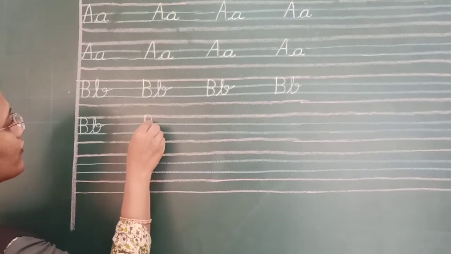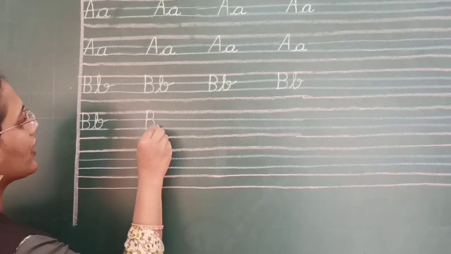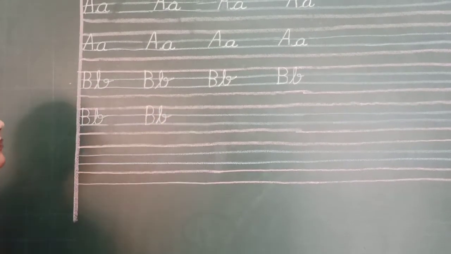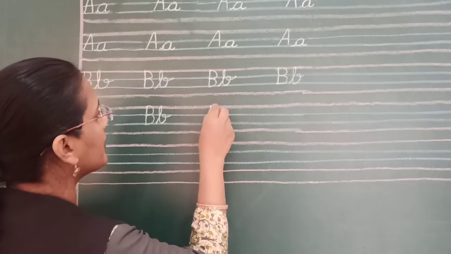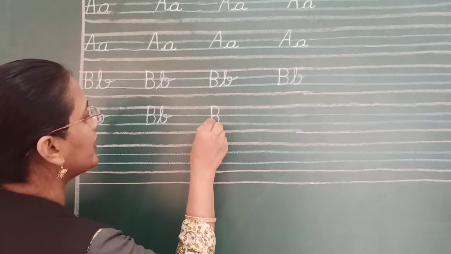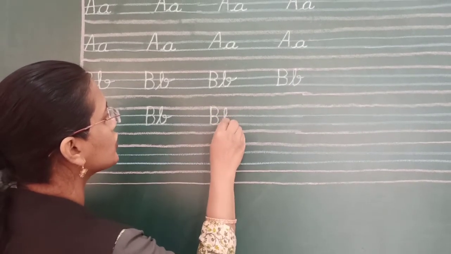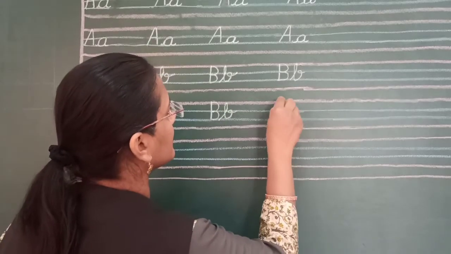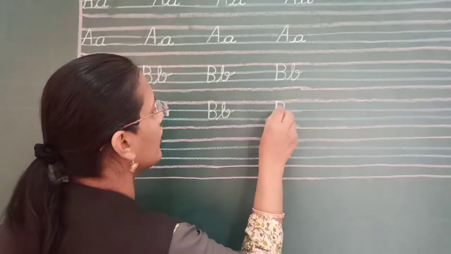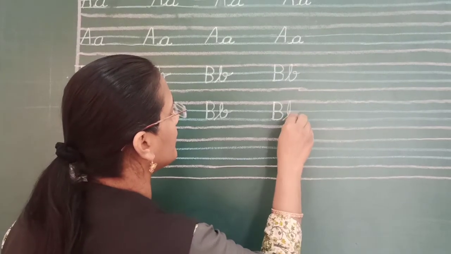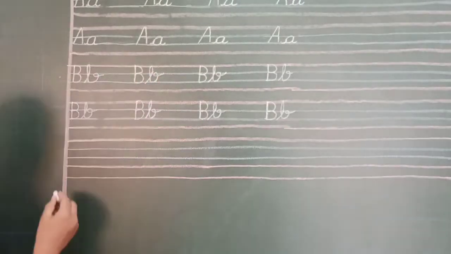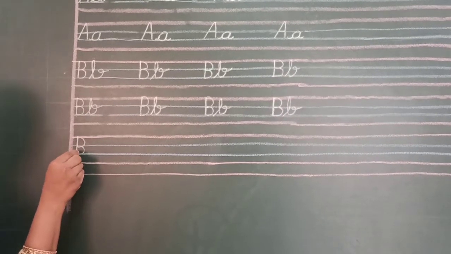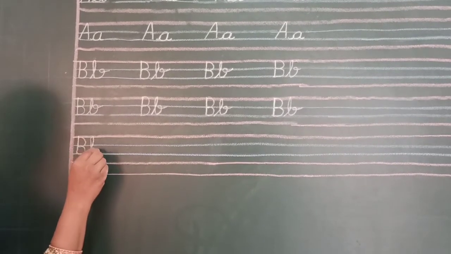Again, capital B you have to write as it is and small b you have to write in this way. One more time, capital B and this is your small b in cursive. B for ball, B for bat, B for butterfly. This is your small b.